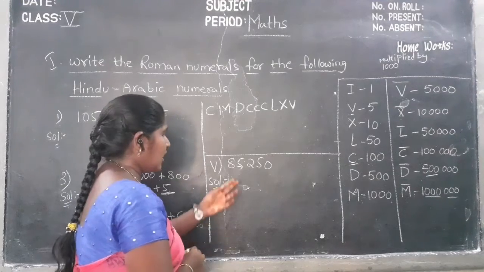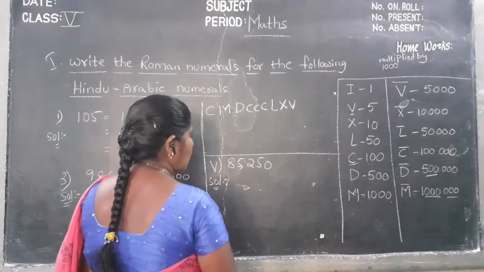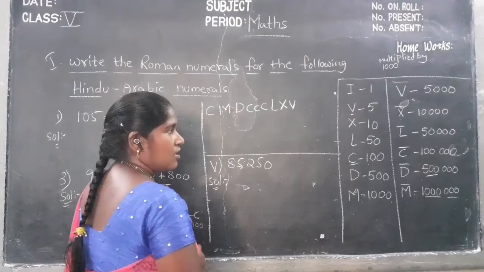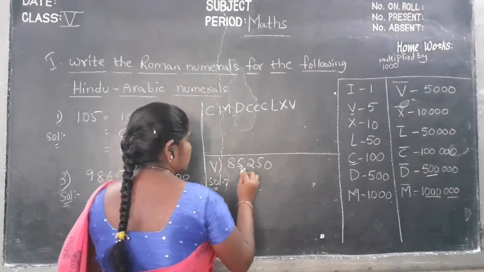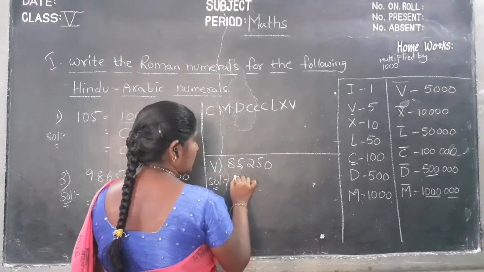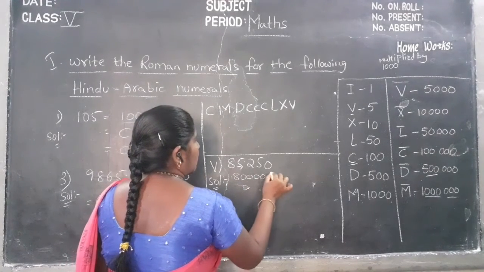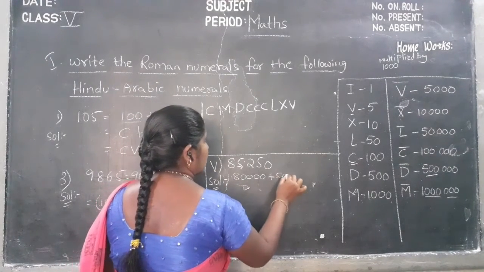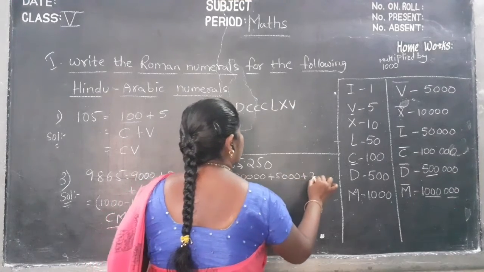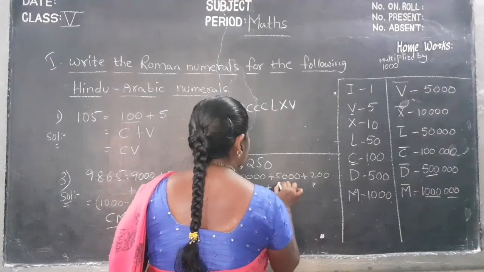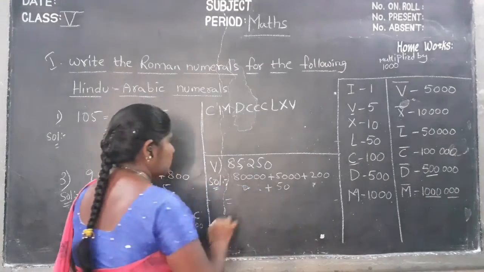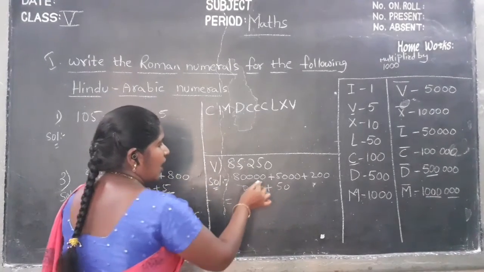85,250. What is the number, children? How to write 85,250? First we should write 80,000 plus 5,000 plus 200 plus 50. For these numbers we want to write the Roman numerals.